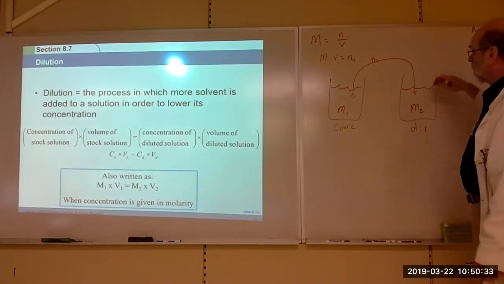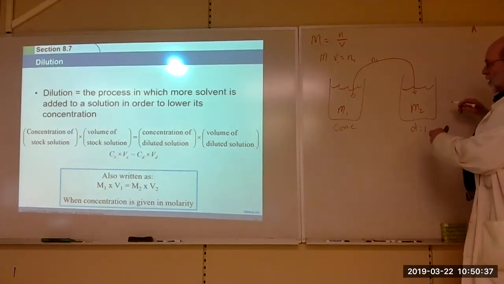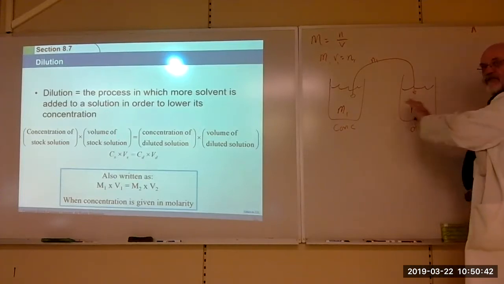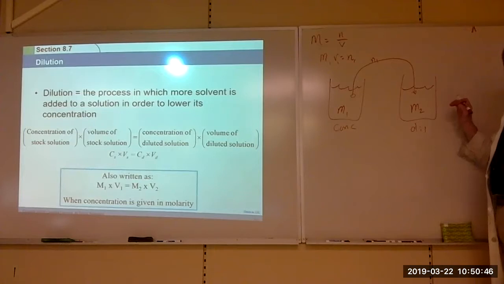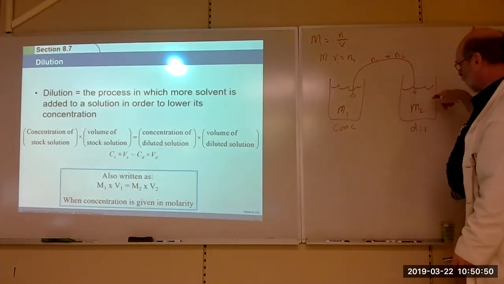And over here, the number of moles that we now have, we're putting this number of moles into fresh solvent with no other moles in it. So we've only got the moles that we brought over. So that number of moles is equal to the moles that are over here.